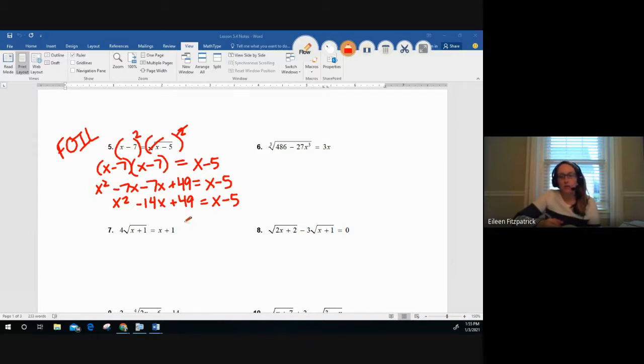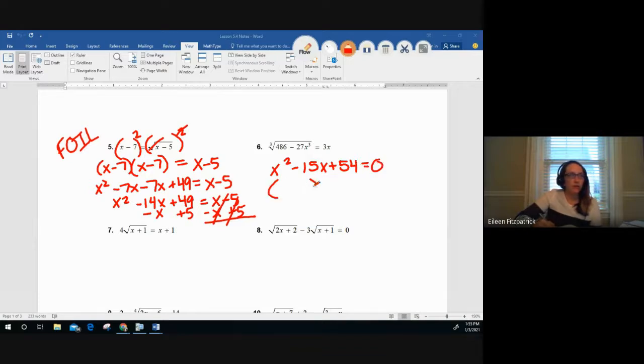So since it's quadratic, I'm going to set it equal to 0, try to factor. If I can't factor, I'll have to do quadratic formula. All right, so I'm going to subtract an x from both sides and at the same time add a 5 to both sides just so I can get a 0 on the right-hand side of the equation. So I'm left with x squared minus 15x plus 54 equals 0.